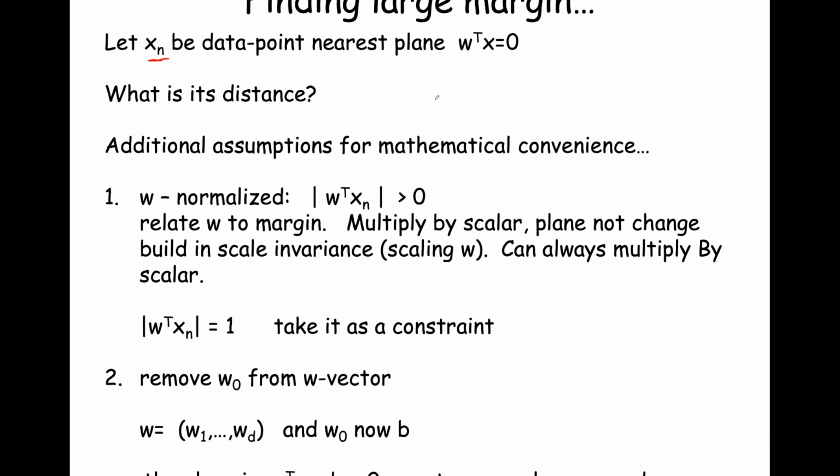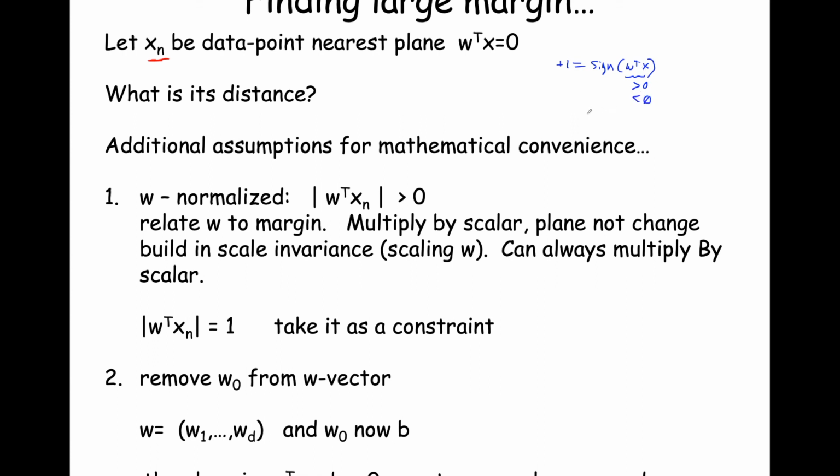So let's make a couple of assumptions for mathematical convenience. And one of them is that this W is going to be normalized. Now, of course, when we talked about the classifier, we said we get a +1 output when our score is greater than 0, or sign of W transpose x. And so sign returns a +1 if W transpose x is greater than 0. It returns a -1 if W transpose x, our score, is less than 0.